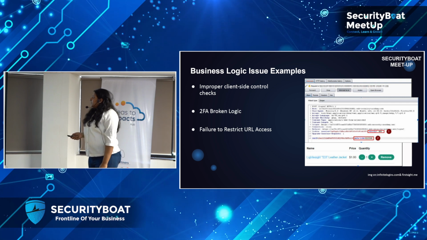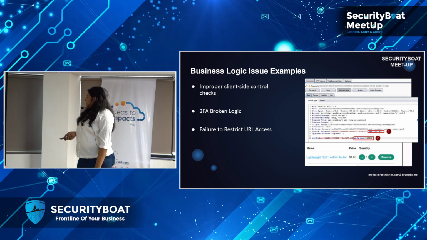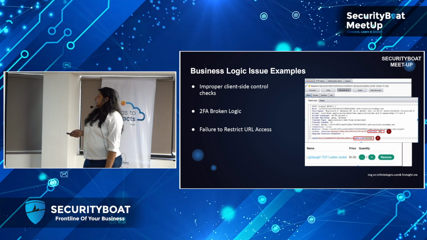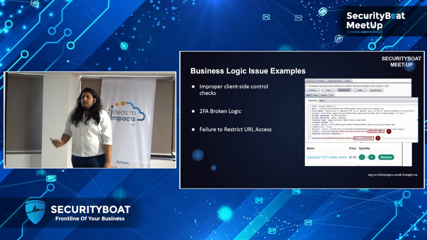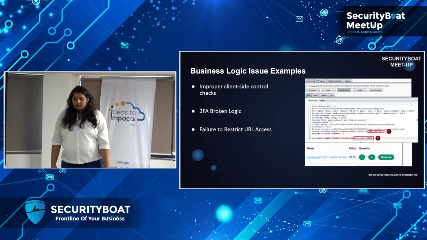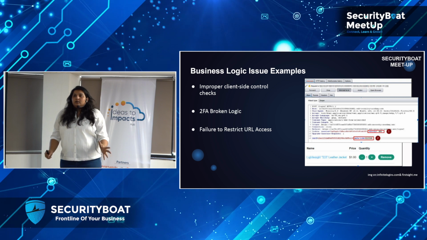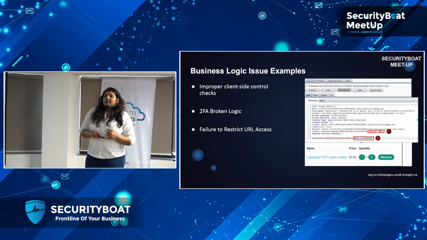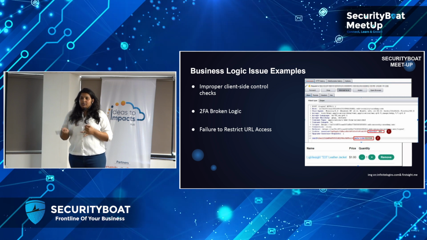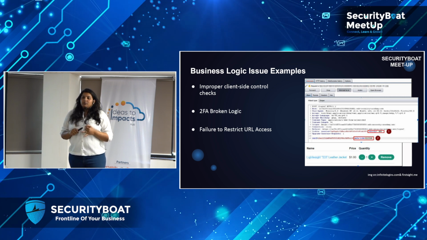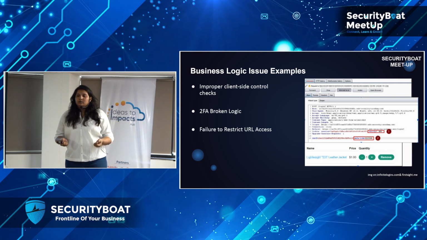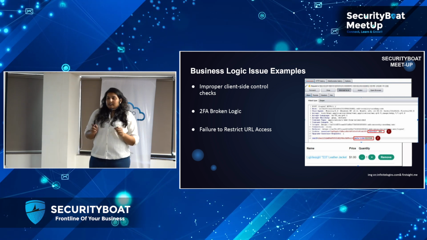In terms of the failure to restrict URLs, in terms of the last case, you have to check which application functionalities as well as files hosted on the web server are supposed to be accessible to the authenticated user or the unauthenticated user.